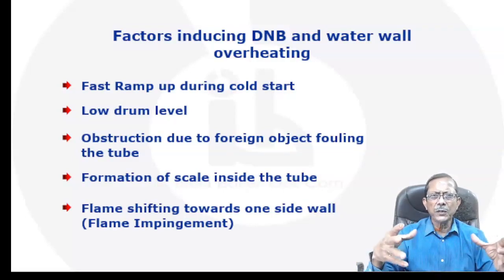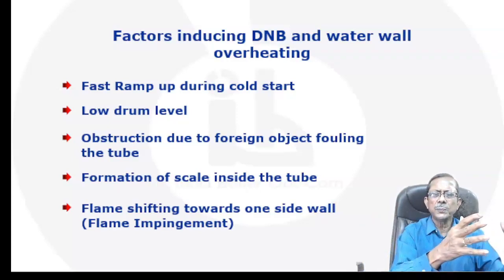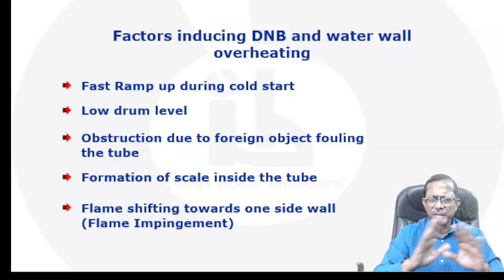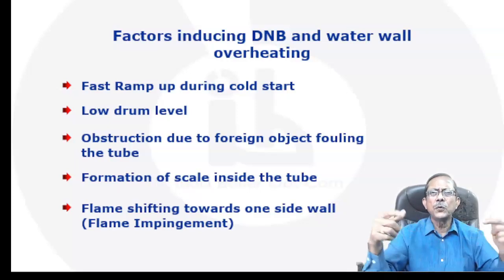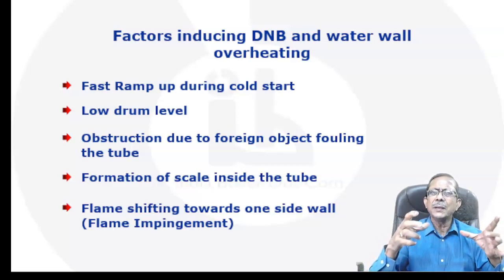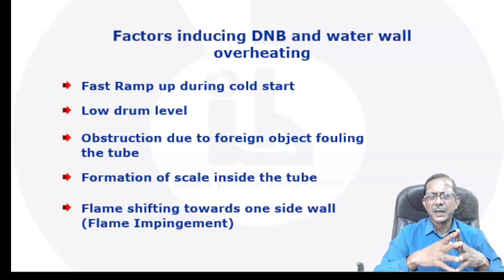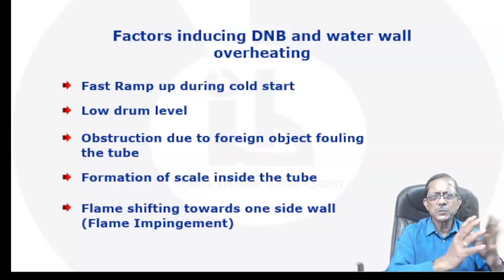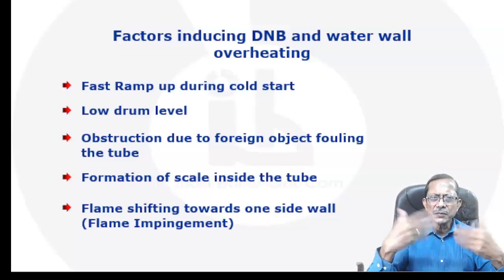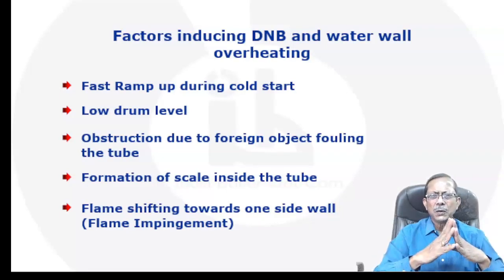In a corner fired boiler, if the central fireball is shifting to one particular side, which again is a very common issue, because in most corner fired boilers, all 4 corners are very rarely properly balanced, the flame ball doesn't remain in the center, it shifts towards one side. So all these things will cause the overheating, departure from nucleate boiling and overheating failure in water wall tubes.